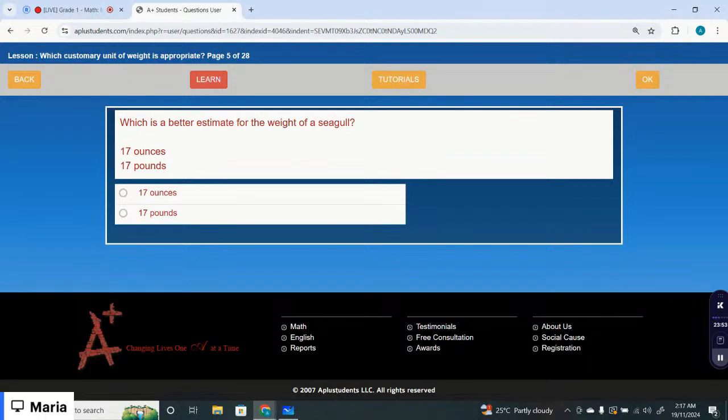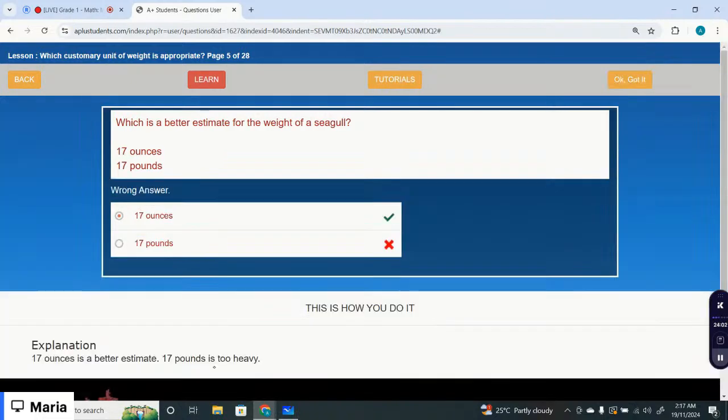The correct option is, I think, 17 pounds. Option number two is the correct option. That is 17 ounces. 17 pounds is too heavy.